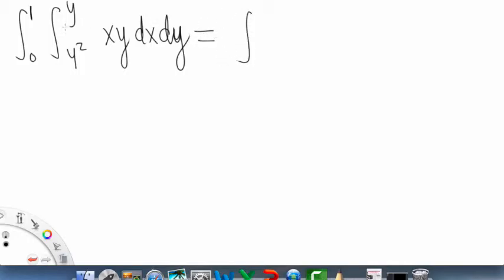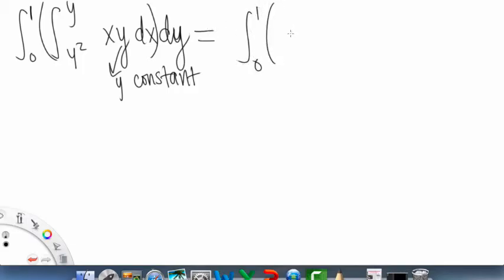So we look at the inner integral, and we are integrating with respect to x, so that means we're holding y as a constant, just like treating it like a number. So we have our bound over here, and then we have x, treating y as a constant, and then we integrate with respect to x, and x goes from y squared to y.